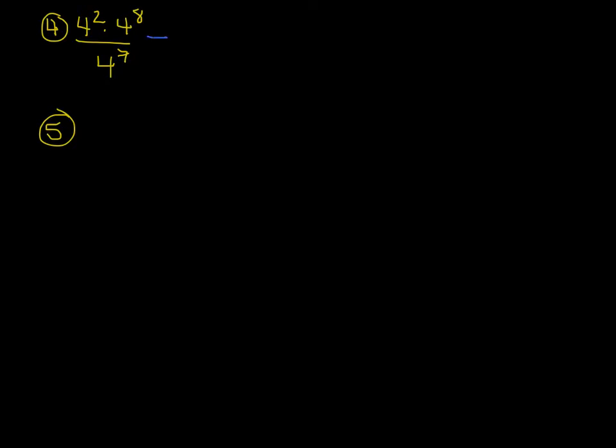For that problem, we're going to start by putting together the things in the numerator of our fraction, which means you keep your base of 4, you add your exponents, 2 plus 8 is 10, then you end up with something really similar to the first 3 problems. So your final answer is what you get when you subtract your exponents, so you get 4 to the 3rd power.